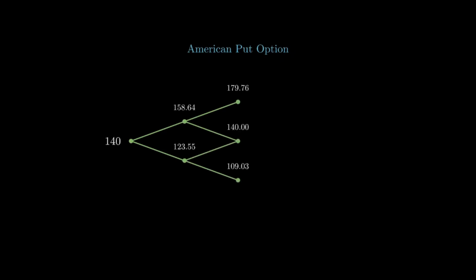Again, the price movement in the two-step binomial model is the same. The payoff is also the same as we did for the European put option. So the possible payoffs, as you can see, are 0, 10, and again 40.97.